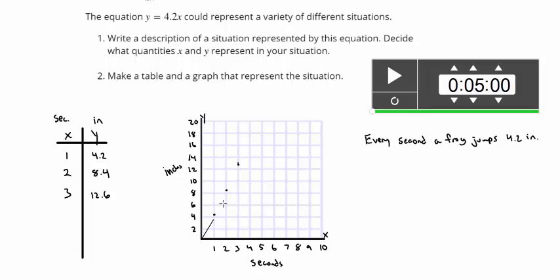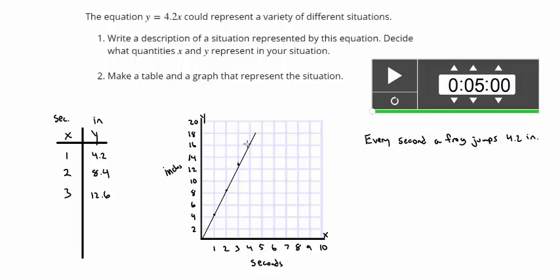Let's see how close I was in estimating this. Pretty close. Okay, so there is my graph, and I can see after 4 seconds, looks like I'm almost at 16.